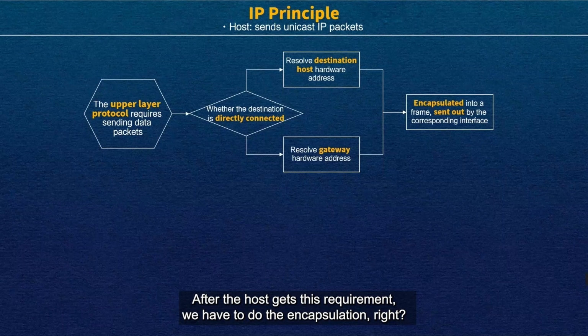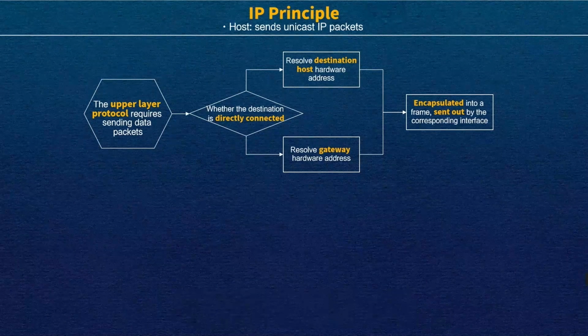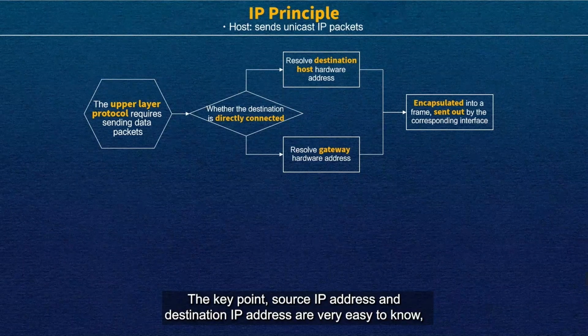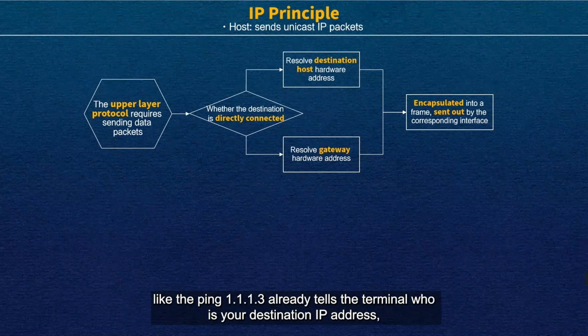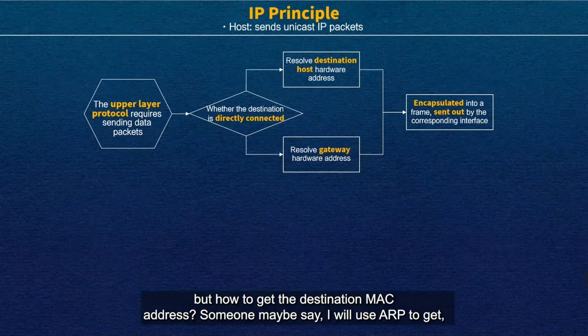After the host gets this requirement, we have to do the encapsulation, right? The key point: the source IP address and destination IP address are very easy to know. Like ping 1.1.1.3 already tells the terminal the destination IP address. But how to get the destination MAC address?